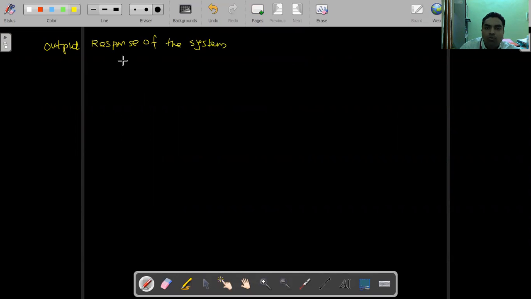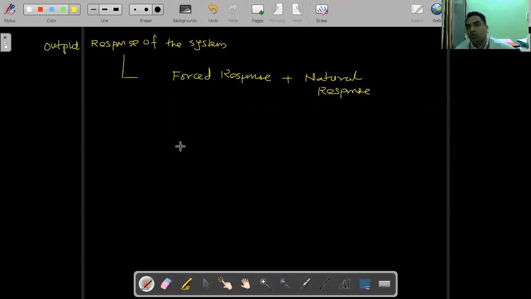Now, output response of the system has two components. One is forced response and the other is natural response. Forced response and natural response.